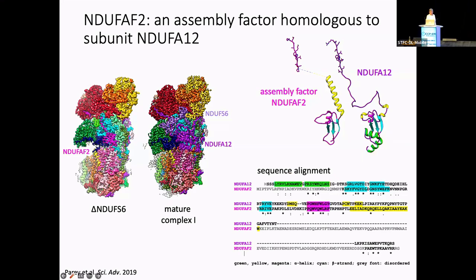It would be sitting here just above the membrane, whereas this part is completely disordered in the assembly factor. Then the middle part is quite different between the two, but the C terminus is again very closely related and forms the same structure. And this actually binds to the N module.